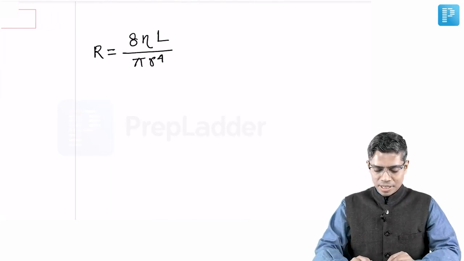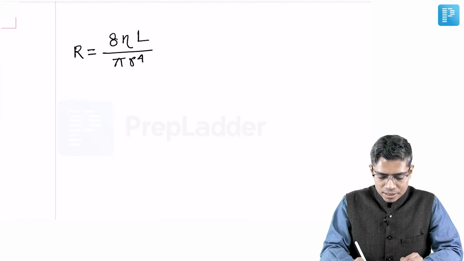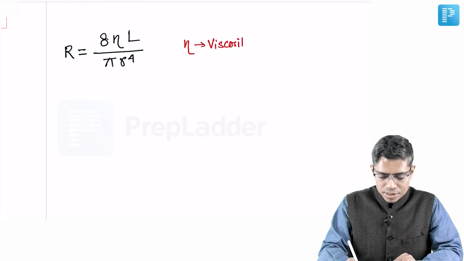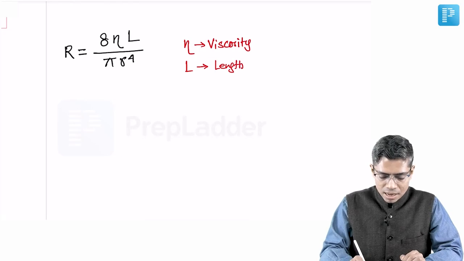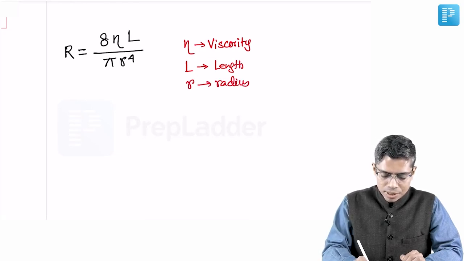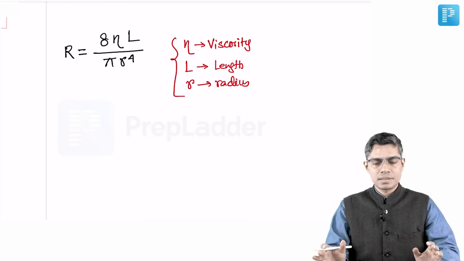Here in this formula, eta is the viscosity of blood, L is the length of the vessel, and R is the radius of the vessel where you are calculating the resistance.